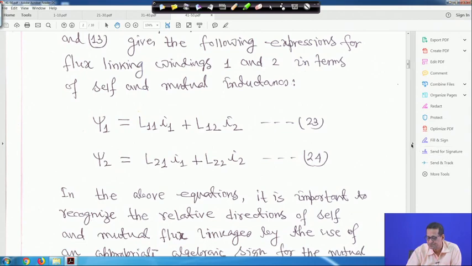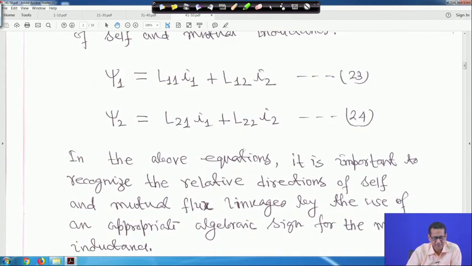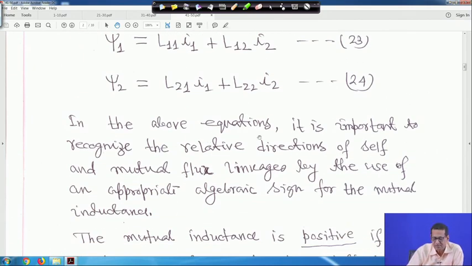In the above equations, it is important to recognize the relative direction of self and mutual flux linkages by the use of the appropriate algebraic sign for the mutual inductance, right.